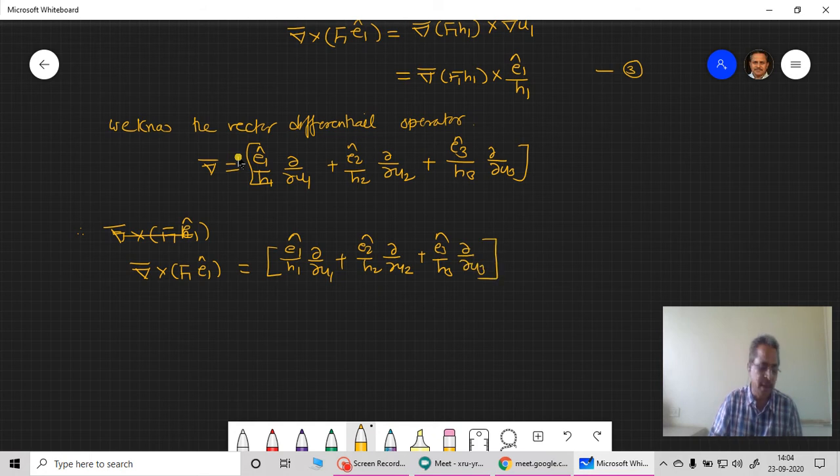This is my del bar. Then here F1 H1 is written separately. Actually H1 is not there here, but I can take this H1 and the remaining E1, so this can be written as cross E1 cap upon H1. So this H1 and this H1 get adjusted: F1 H1 into E1 cap upon H1.